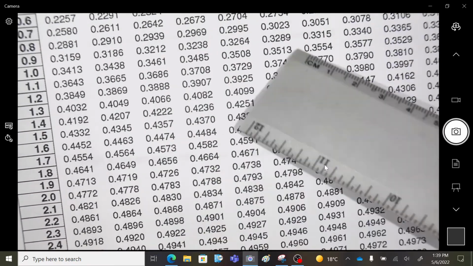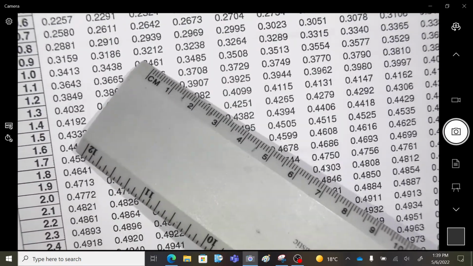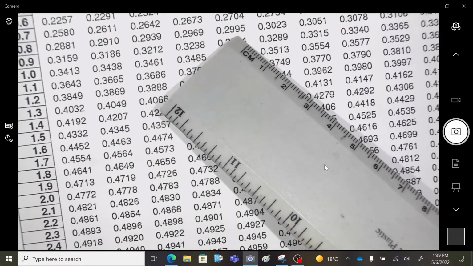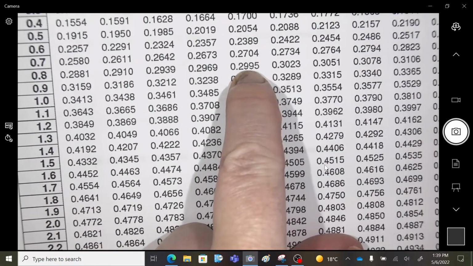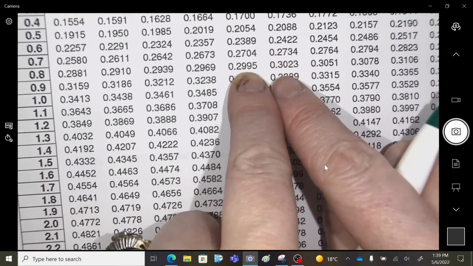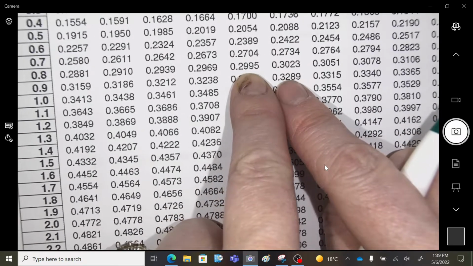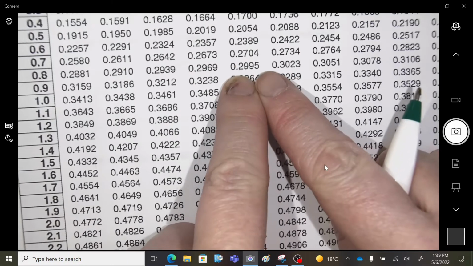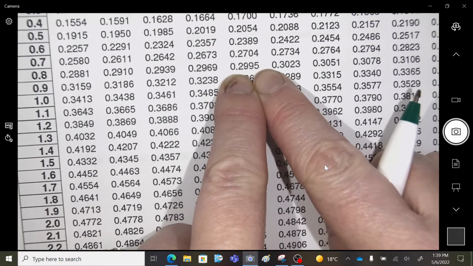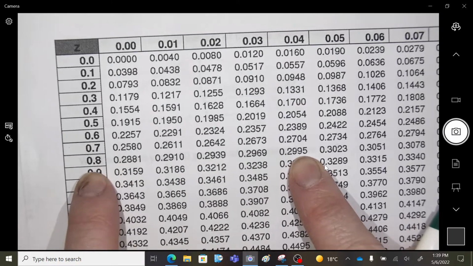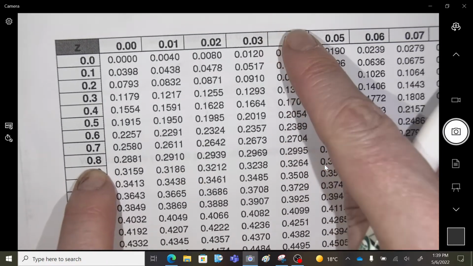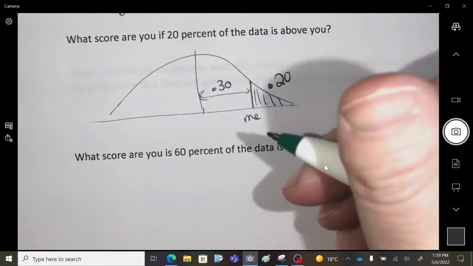Now I'm going to the percent region, so I'm looking for anything as close to 30% as I can be. Sometimes it might land in the middle and take like a 0.5 onto it. Okay, so I'm at 0.2995, that's close enough. So the Z score is 0.84.